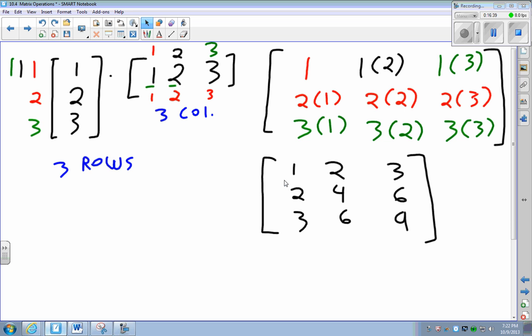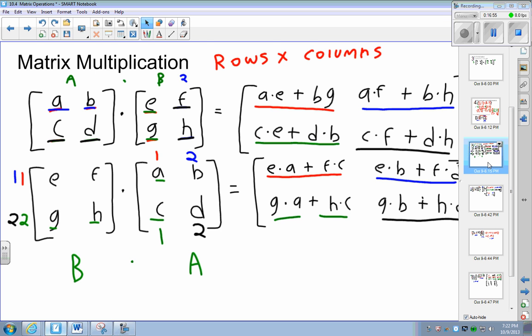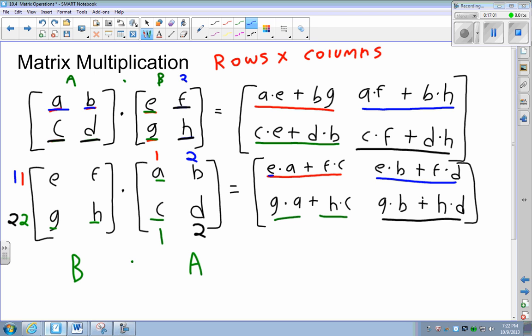And one thing I want to conclude here is that we have seen that the order of multiplication of 2 matrices has an effect on the outcome. And if we look back to this original slide, we can clearly see that E times A plus F times C does not equal A times E plus B times G. Now I'll write it out down here.